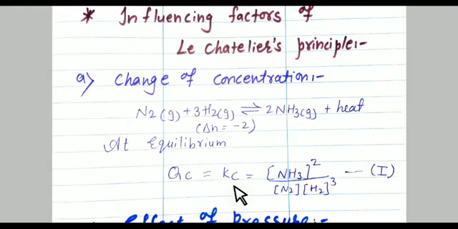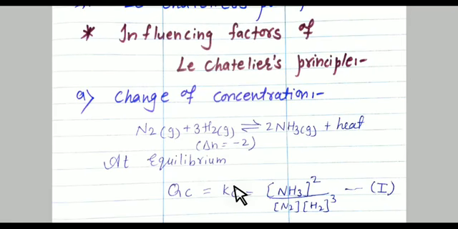Whenever the reaction proceeds in the forward direction, more and more ammonia will be formed and produced. In this manner, the system responds to restore the equilibrium position.